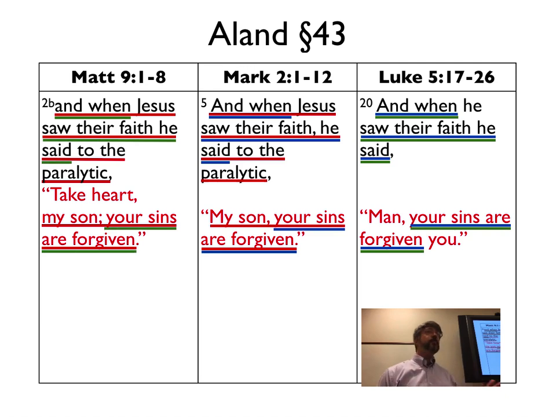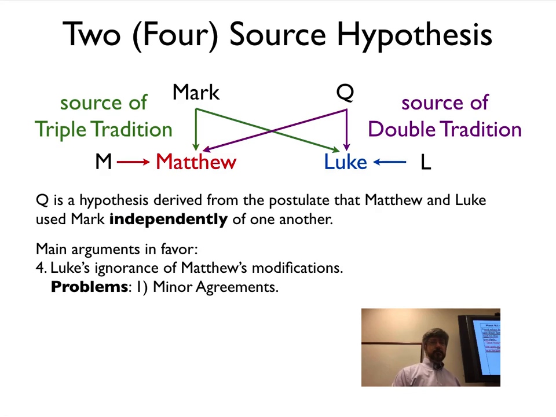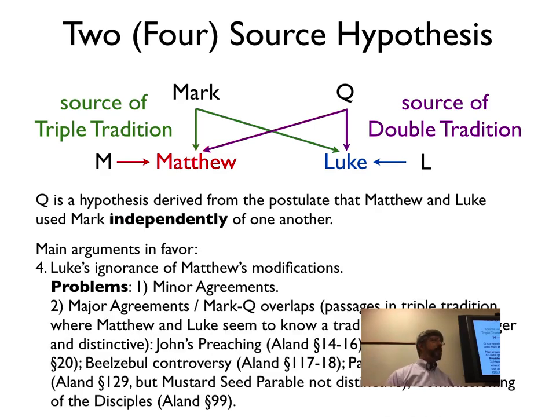You should never have more than 2 colors in any gospel, right? Because anything that has 2 colors under it is in all 3. All right? And anything that is not underlined is unique to that gospel. All right? Okay, so minor agreements are a problem. There are also major agreements.